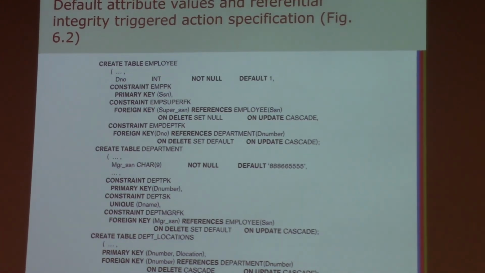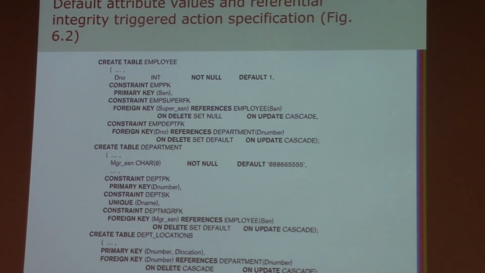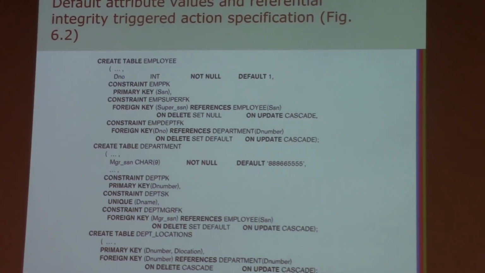What if I do not specify the name of the constraint? Automatically, the database management system assigns the name. It's a very weird name, like SYS00100 PK, so you cannot understand it easily.